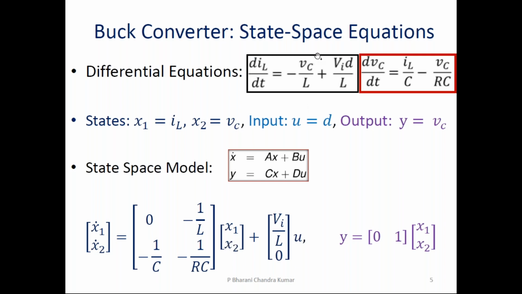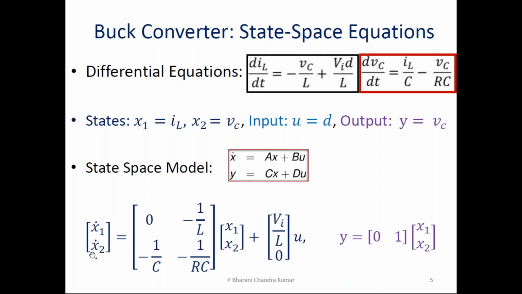X2 is VC. So that's why this first term is coming here. Plus U is D, my control input U is D, plus VI by L into D. So this expression, if you multiply this, you will get that, which is relevant to the first state derivative.